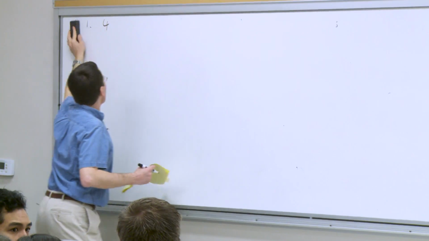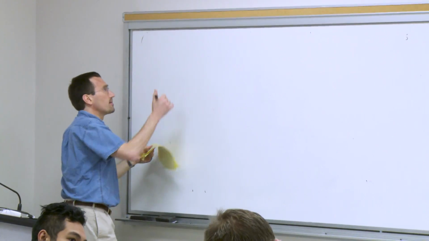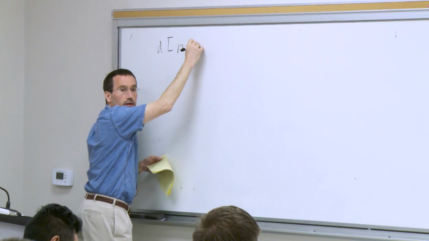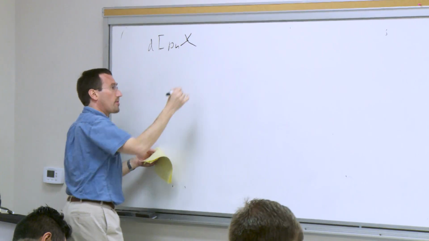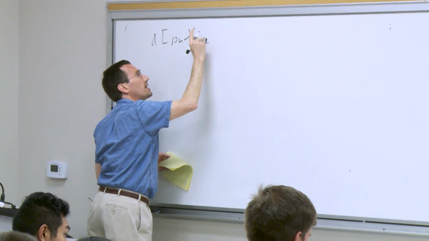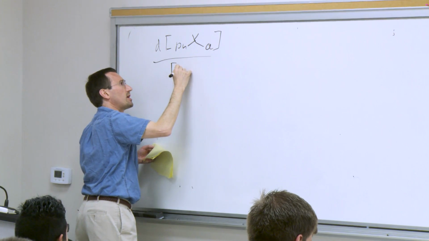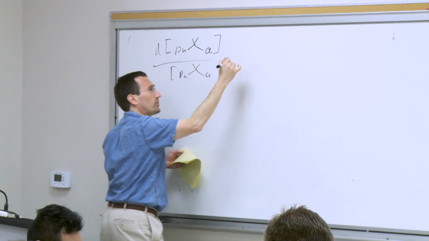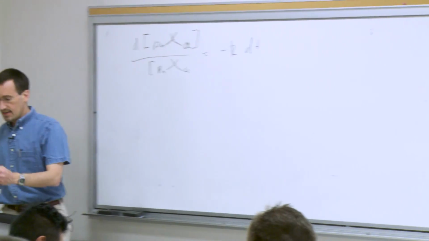All right, so just rearranging that equation and applying some basic calculus, we can work this out. So if we rearrange the equation, we get d reactant over concentration of reactant is equal to negative k dt.